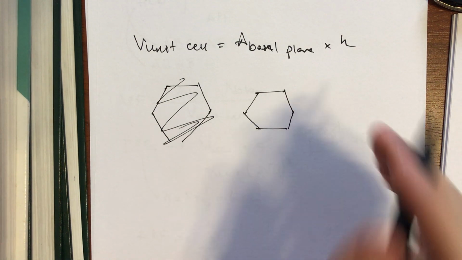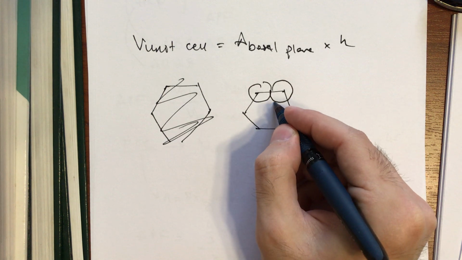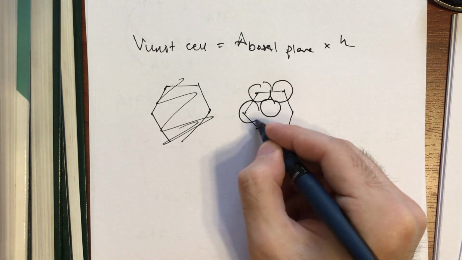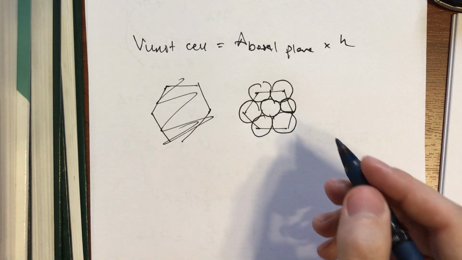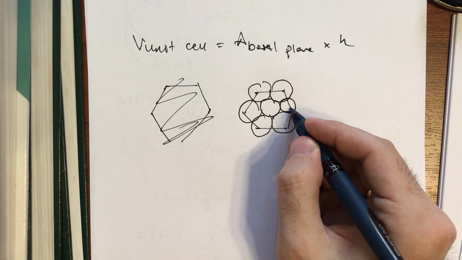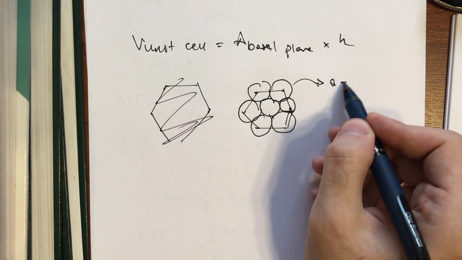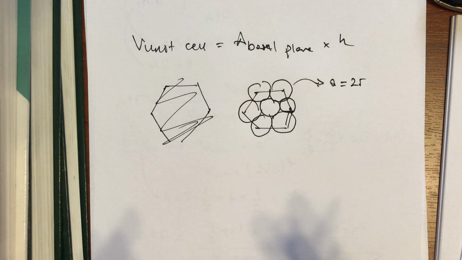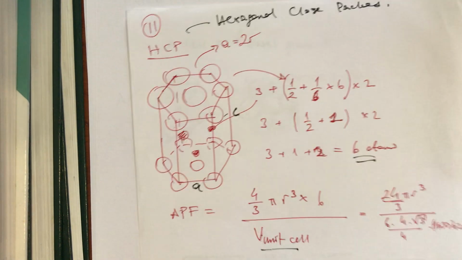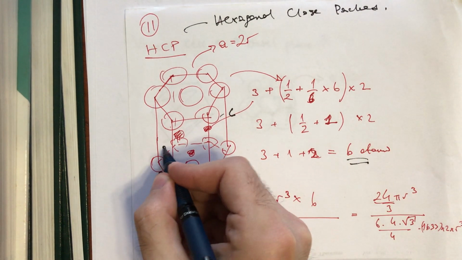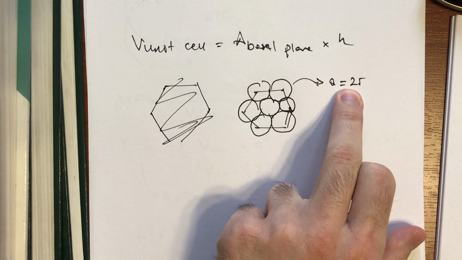It's a regular hexagon, and the corner atoms are touching each other as well as the center atom. So all the atoms in the basal plane are touching each other. We can directly observe that the edge of the unit cell a, and it's a everywhere in the regular hexagon, is going to be 2r.